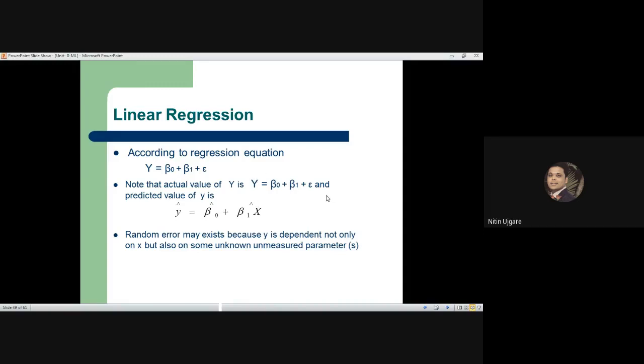Whereas after building the linear regression model, when I use it to predict output for input instances, the prediction for the response variable y is represented as y cap. So y is my actual value and y cap is the predicted value of the linear regression model that I have developed.